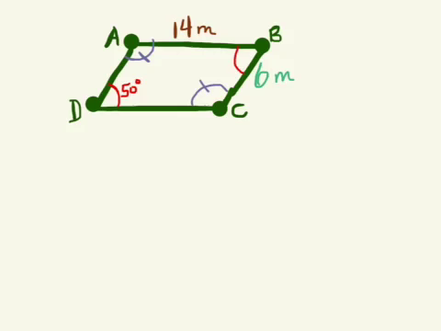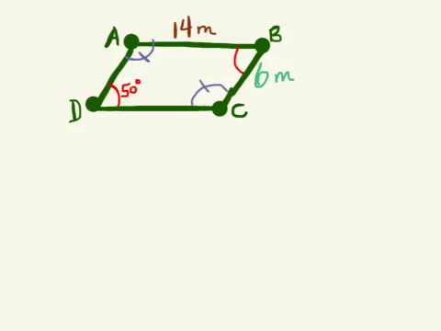So the cool thing is that based on what we know about a parallelogram, and its opposite sides being the same, opposite angles being the same, and opposite sides being parallel to each other, we could be provided with just a little bit of information, like a couple of side lengths and one angle measurement, and we can figure out everything else.